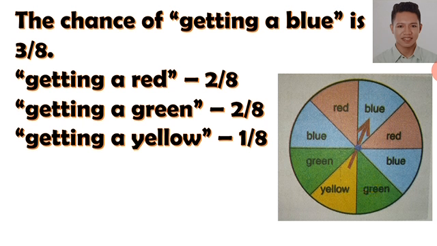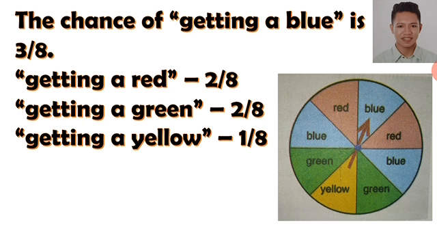How many blue colors do we have? 1, 2, 3. So the numerator is the number of blue colors in this color wheel, and the denominator is the total number of parts, or the total number of outcomes.